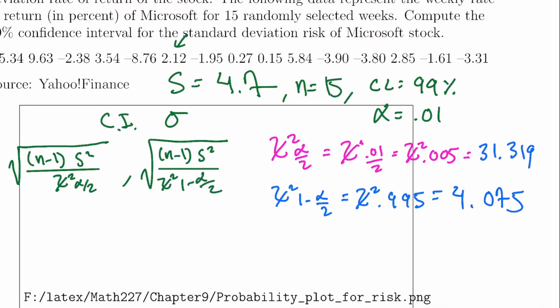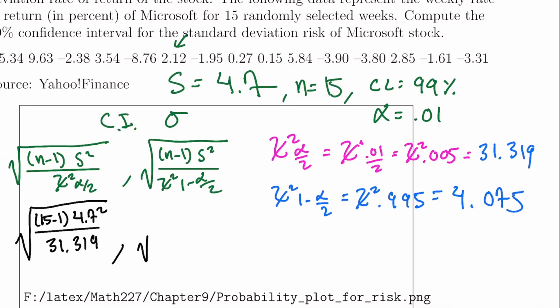So all I'm going to do is substitute everything in. We'll do this in black. So it's the square root of n minus 1, where n in this case is 15. There you go, 15 minus 1, times 4.7 squared. You divide this by chi-square of alpha divided by 2, which is 31.319.